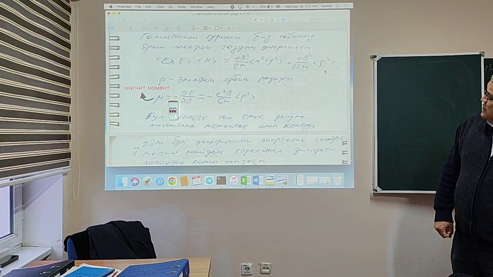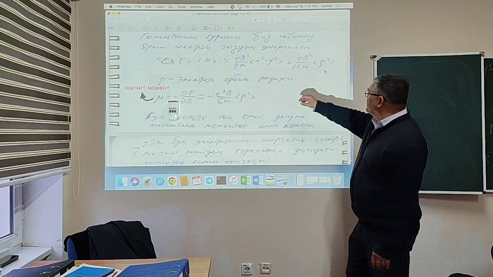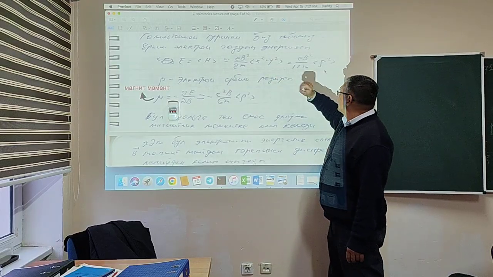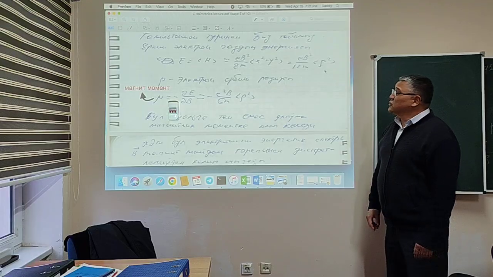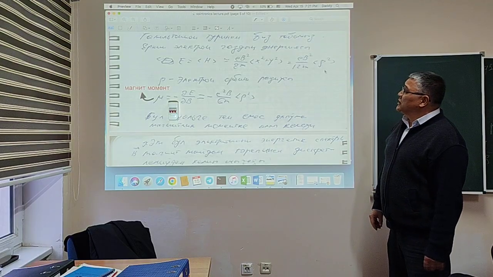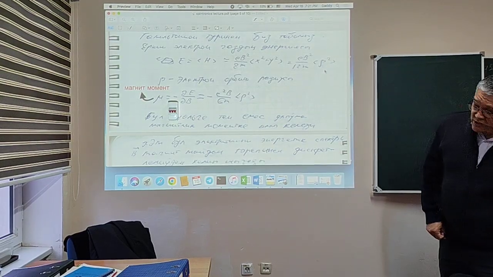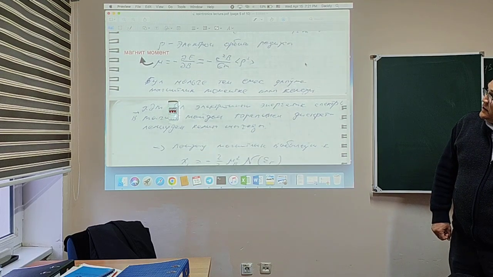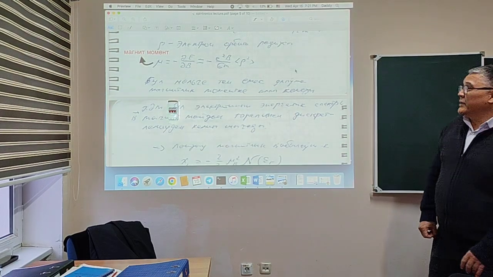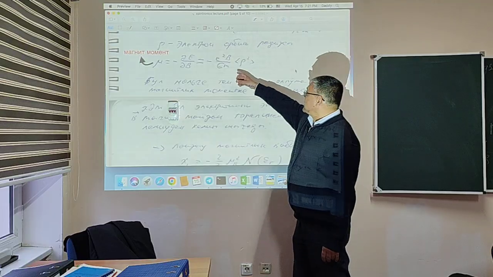So we use here this equation for x squared plus y squared is equal to 2/3 of rho squared, and according to this, our magnetic moment will be found by the derivative of E taken with minus sign, and we will get this result here.